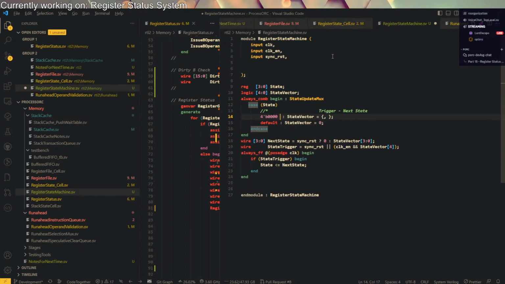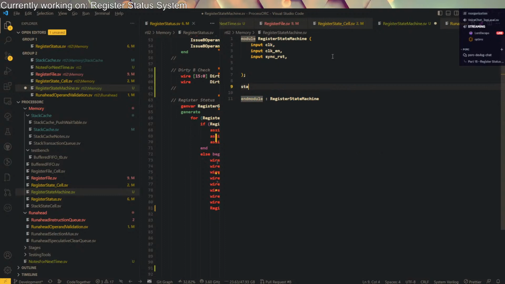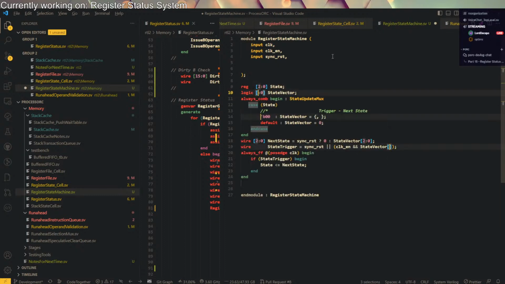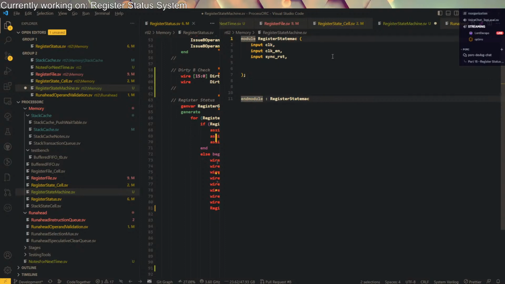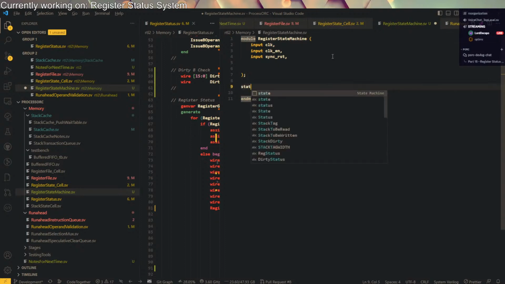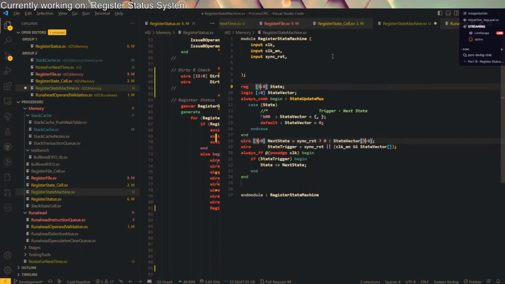Actually, I only need 3 bits. Well, nah. I'll go full 4 bits. And I'll initialize. Do I need to? Yeah, it's gonna make logic easier. 3. I'm failing at this so bad. 3, 4.